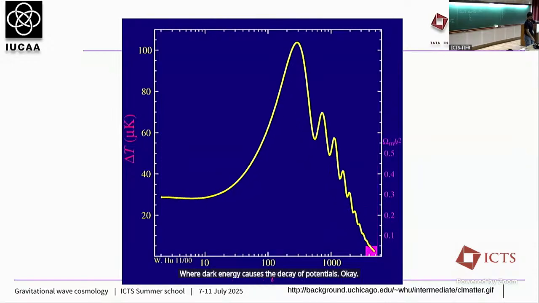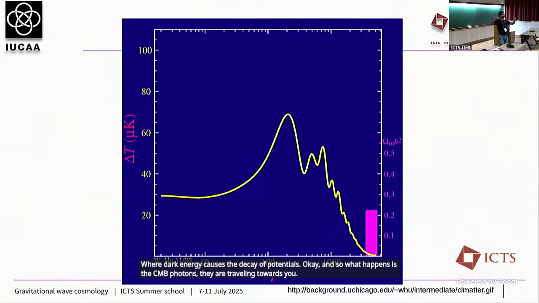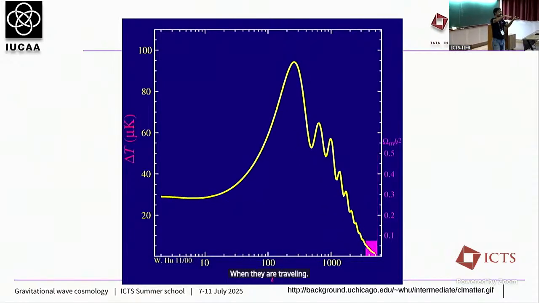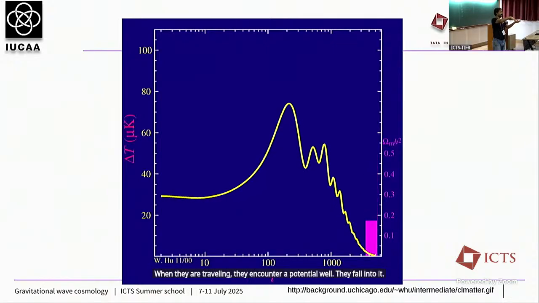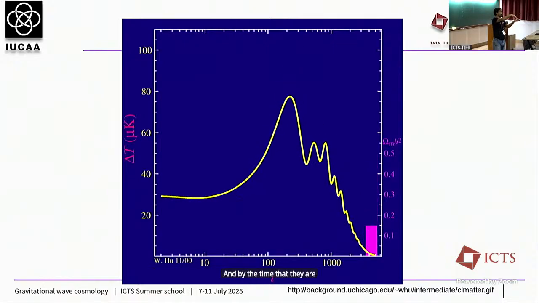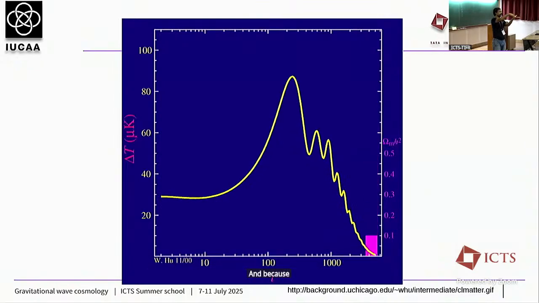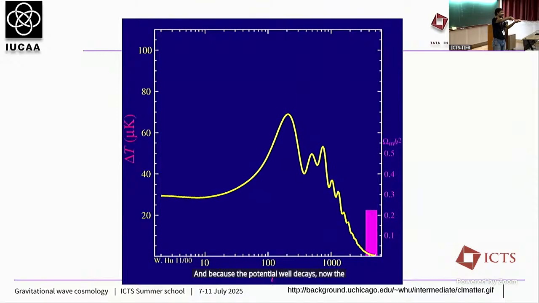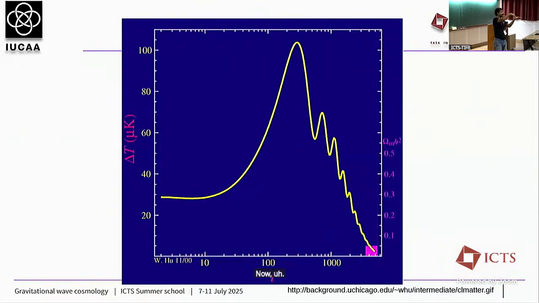Okay, and so what happens is the CMB photons are traveling towards you. When they are traveling, they encounter a potential well, they fall into it, and by the time they are coming out, the potential well also decays. Because the potential well decays, the energy that was gained by falling in, they don't have to lose as much energy.